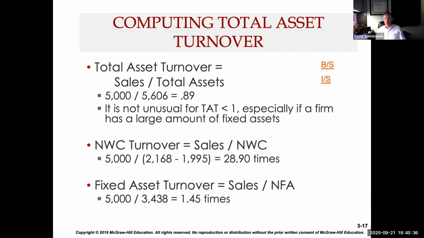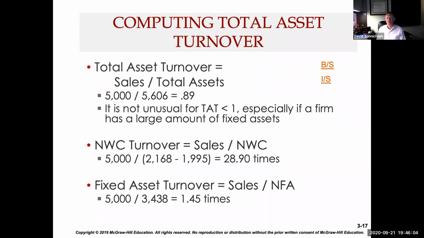So think about a power company, right? Where they're spending hundreds of millions of dollars of money to put in a gas-fired power plant to produce power for this region. They're not turning over their assets more than once a year, I can guarantee you that. They may not even be turning over their assets more than 0.25 times a year.